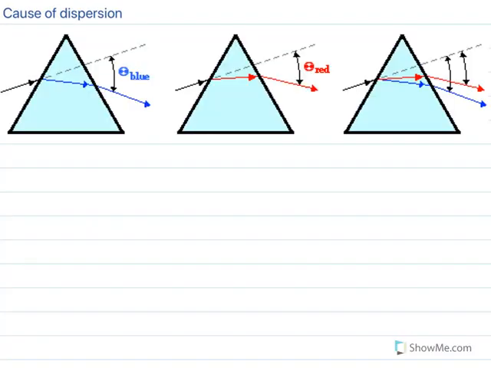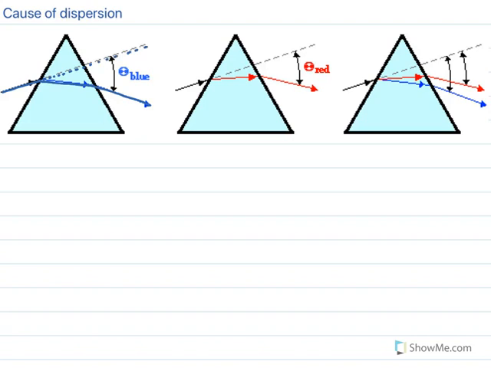In this slide we will learn why dispersion takes place. What is the cause of dispersion? Dispersion takes place because the different components of light behave in a different manner. Now when it comes to blue light, it gets refracted or bends, and the bending of blue light is maximum, much more.